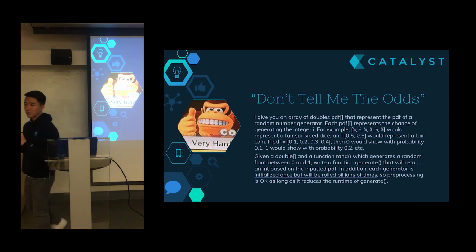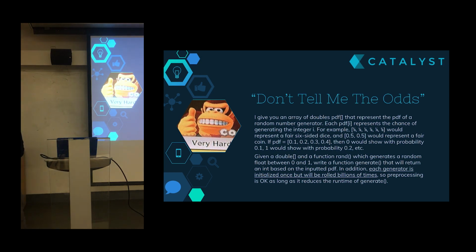Yeah, sure. Feel free. So you create another double array that's the same length as the PDF array you get in, and in this array you do an iterative for loop and put in the cumulative probabilities up until that point for each of them. So you get 1/6, 2/6, 3/6, 4/6, 5/6, 6/6.